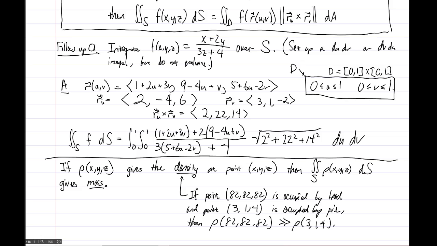That is, if you have 1 cubic centimeter of lead versus 1 cubic centimeter of blueberry pie, shouldn't the cubic centimeter of lead be much heavier?